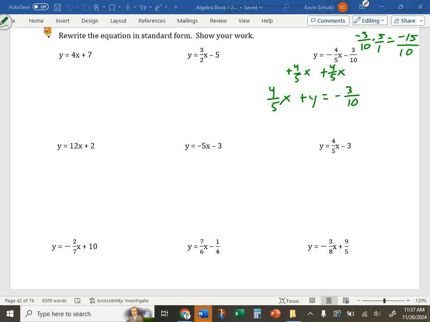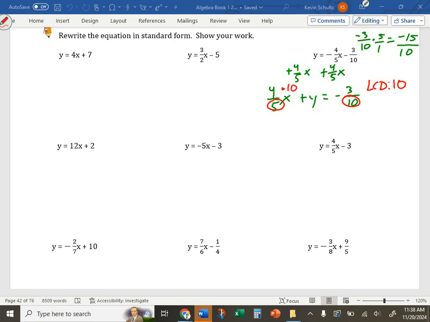So that's why we multiply by the least common denominator. What is the least common denominator of 5 and 10? 10 is the least common denominator between 5 and 10. So that's the number we're going to multiply by.